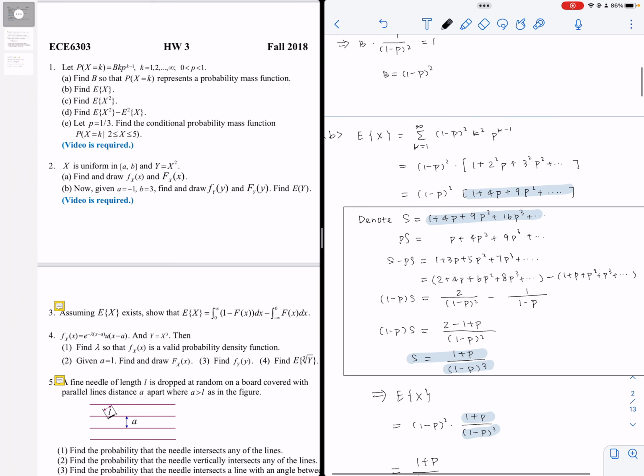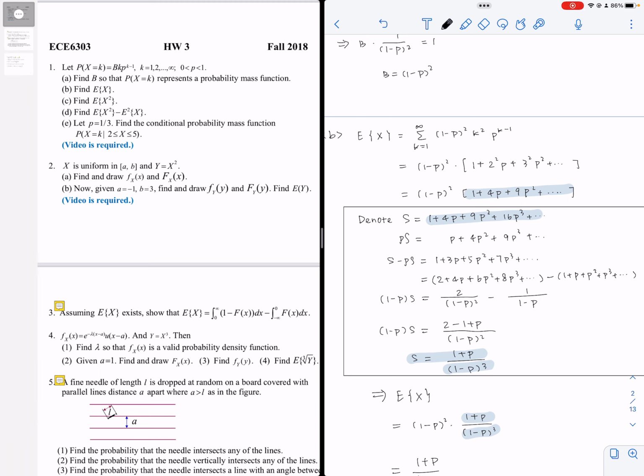Problem number 2, we're asked to find the expectation of x. So pretty much it's kind of like a continuous situation, but instead here we will just sum all the respective p when variable x equals k, and k is positive integers.